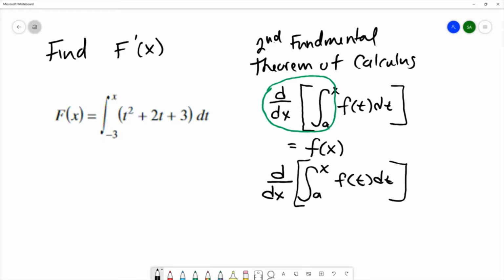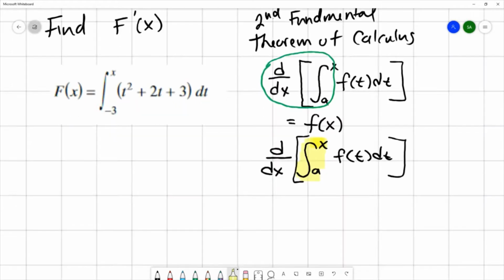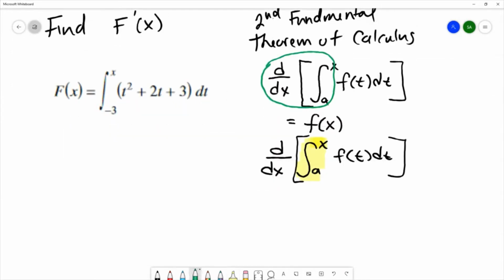And if we think about this using the first fundamental theorem of calculus, it says that we need to find the antiderivative of f, which is capital F, and then we evaluate that at the upper bound minus the lower bound. We still need to calculate the derivative to finish this off.